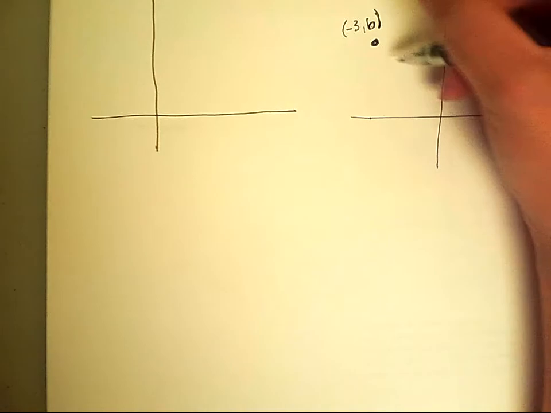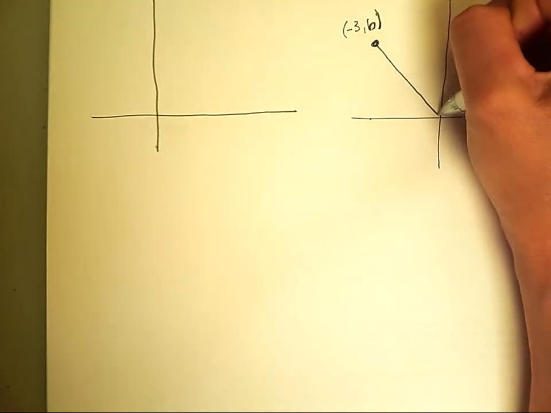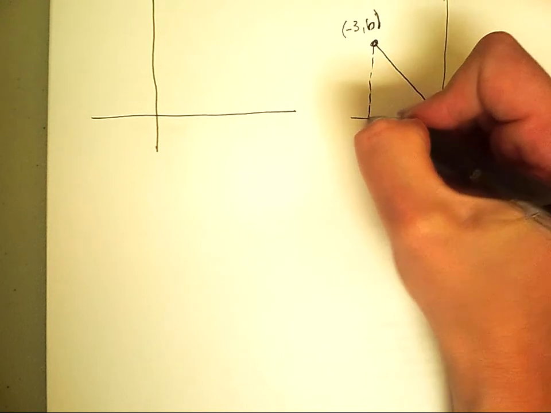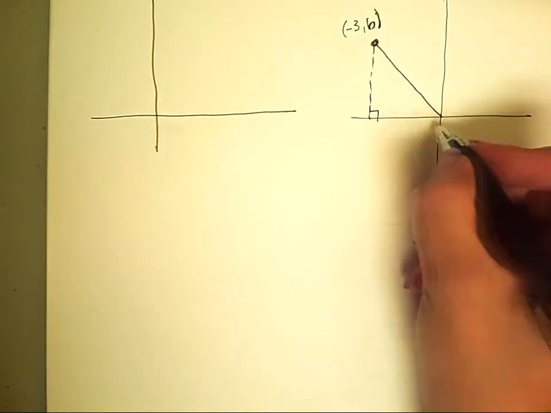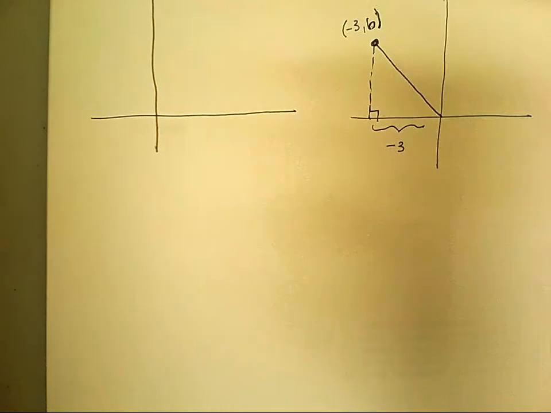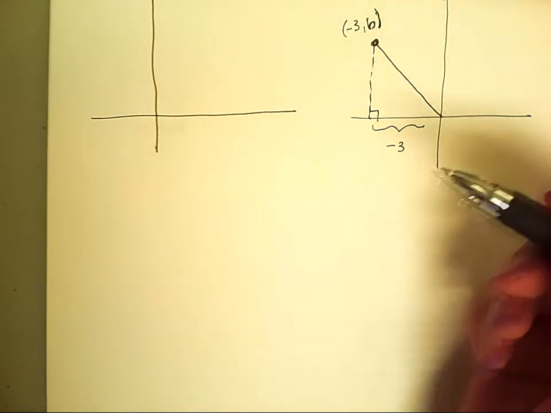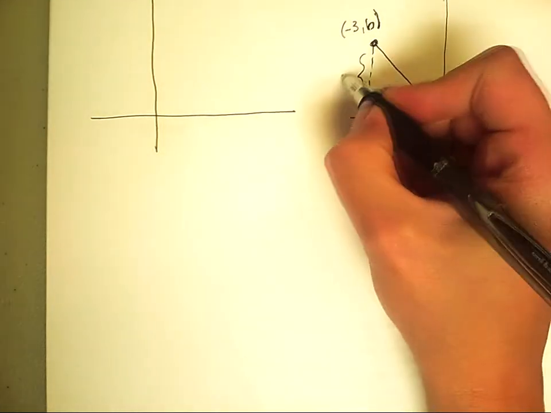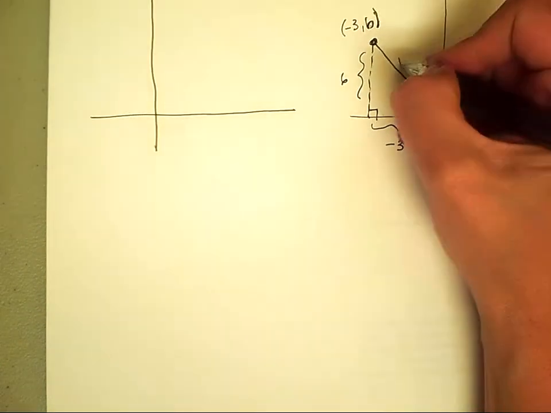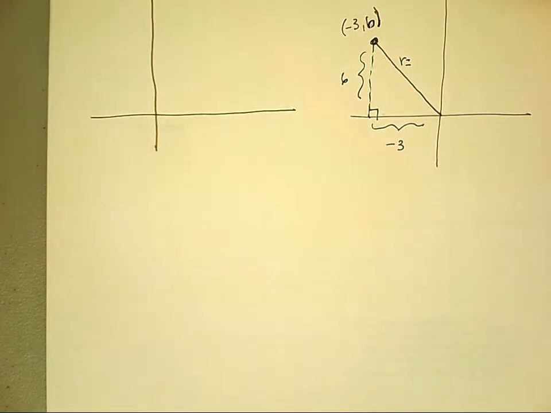Now it doesn't matter what quadrant it's in. I can still draw this triangle. And now to get there, this value is -3, because we're headed in a negative direction, and this side is 6. So if I just knew what r was equal to, we could answer this question.